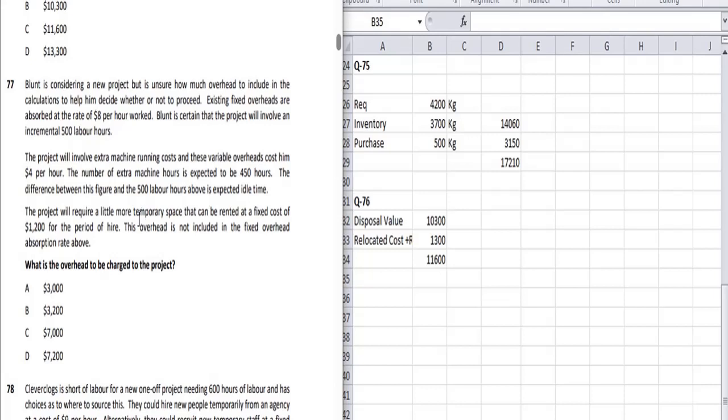The project will require a little more temporary space that can be rented at a fixed cost of 1,200 for the period of hire, and this overhead is not included in the fixed overhead absorption rate. Okay, so due to this project, this temporary space has been hired, so this is an incremental fixed cost, and this one is obviously going to be relevant to us, right?